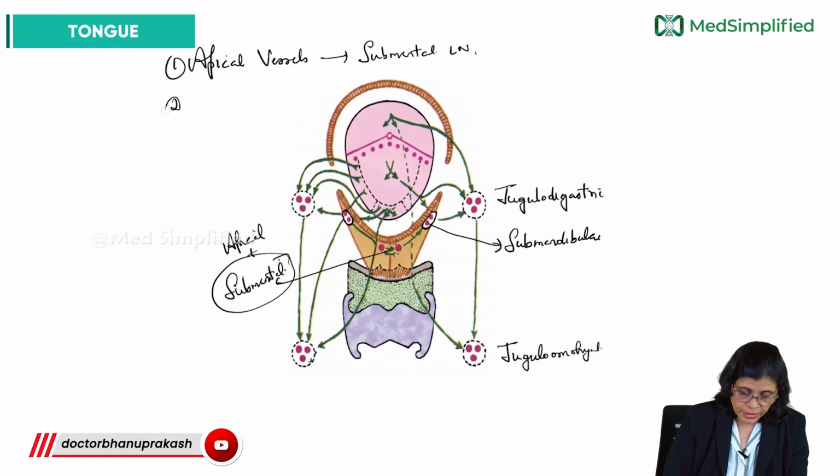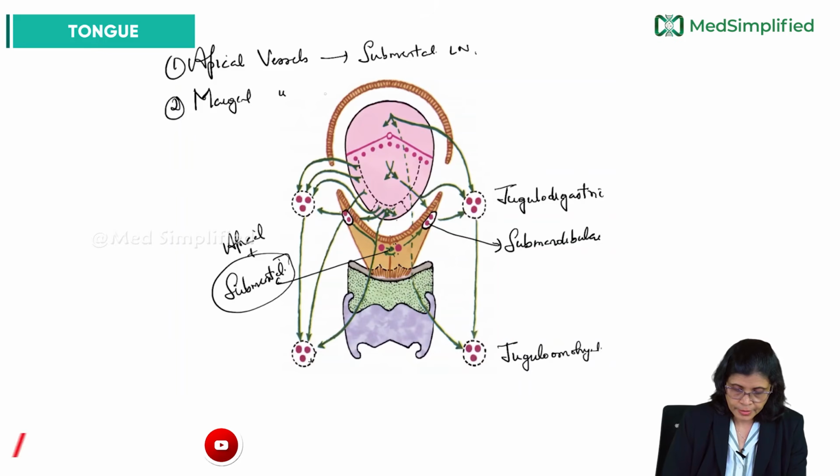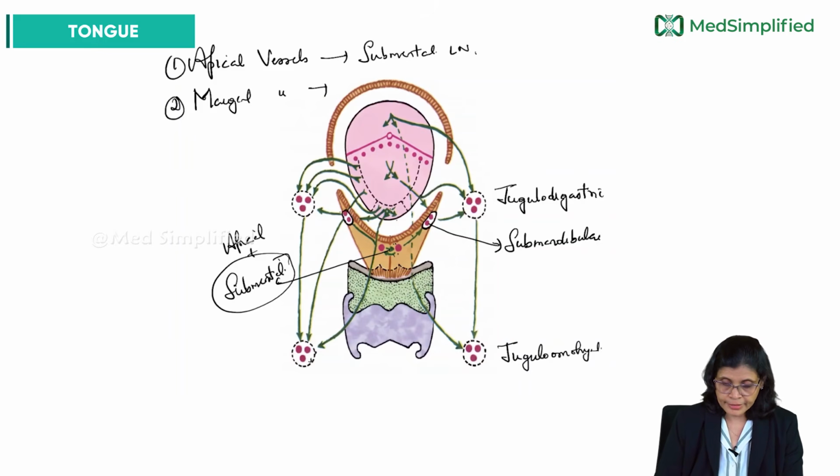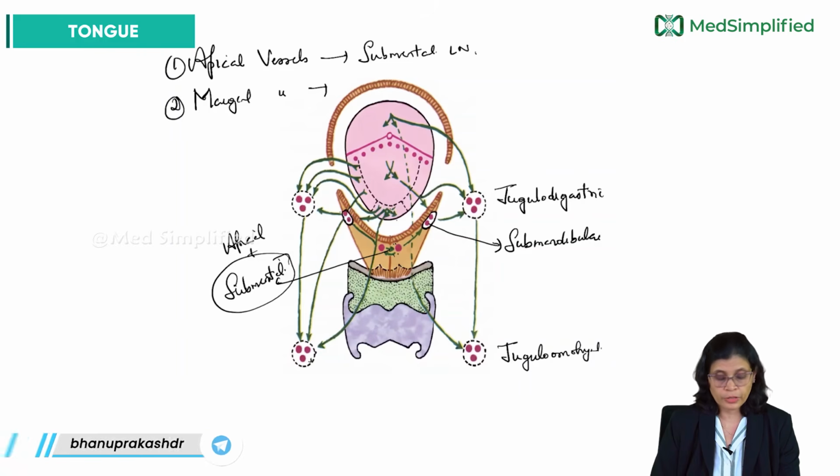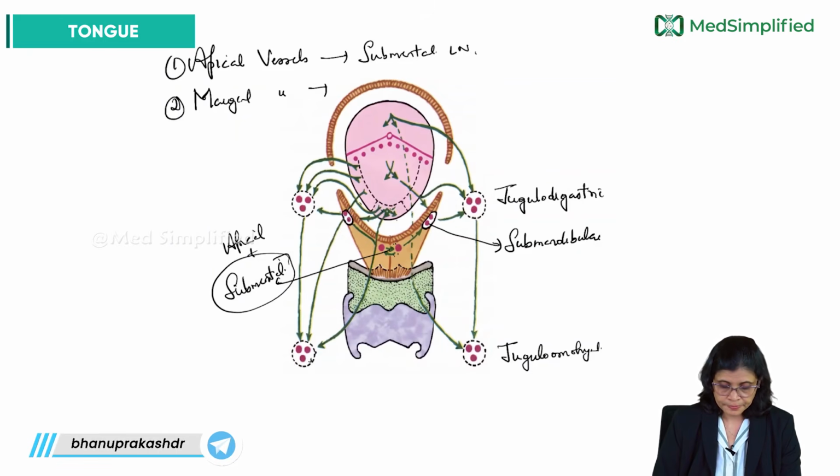Then we have the marginal vessels. The marginal vessels drain the marginal portion of the anterior 2/3 of the tongue, and they are unilateral. From either side they go to the submandibular group of lymph nodes, and then from there to the lower deep cervical group of lymph nodes, including the jugulo-digastric and jugulo-omohyoid, along the margins.